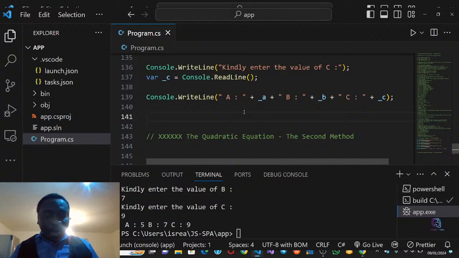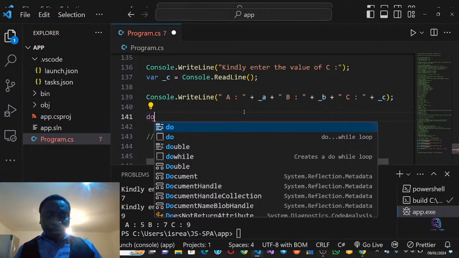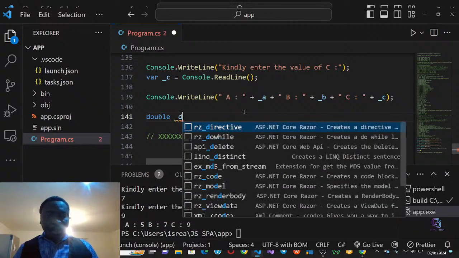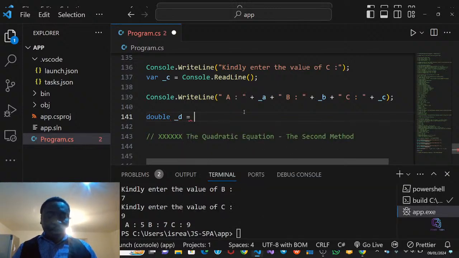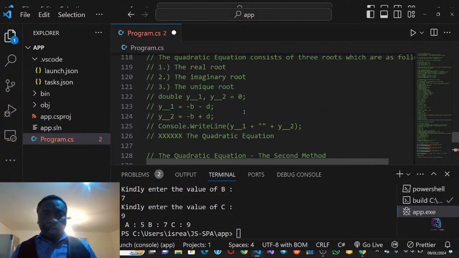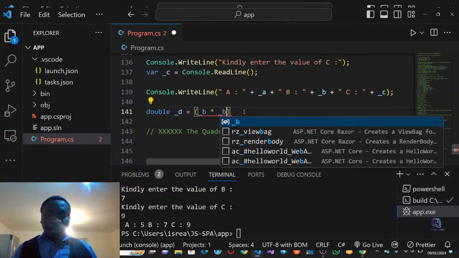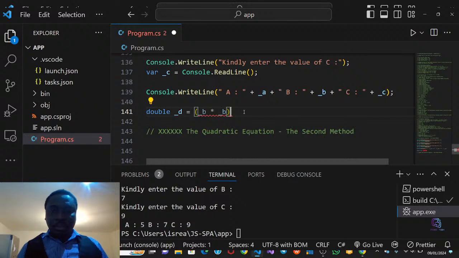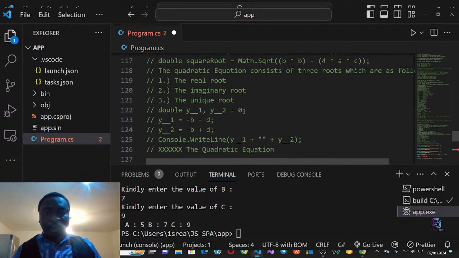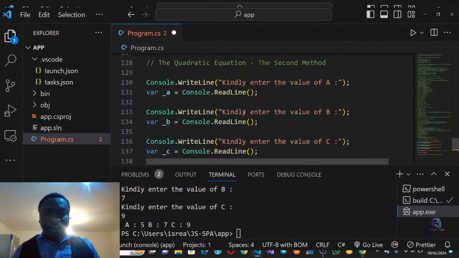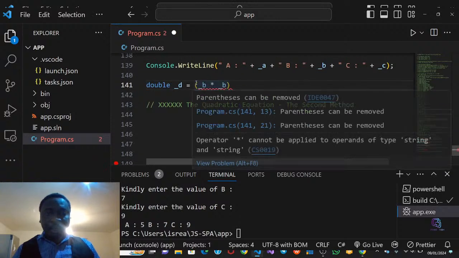So with this, I'll just say double underscore D is B times B. So that'll be underscore B times underscore B. That will be minus 4AC over 2A.